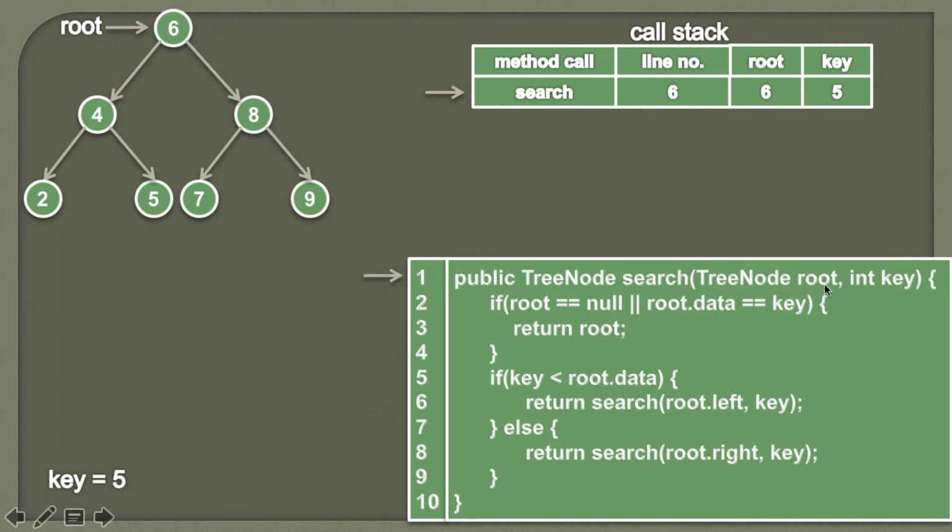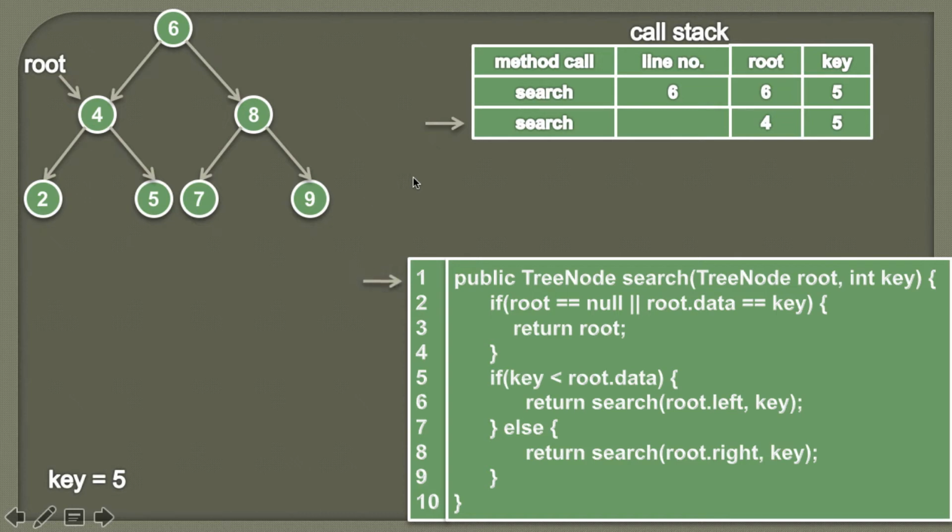And this time the root will become root.left, which is nothing but 4. So here on the call stack there would be one more search method. As we call this search method by passing root.left, which was nothing but value 4, root became 4. So here root will now point to 4.